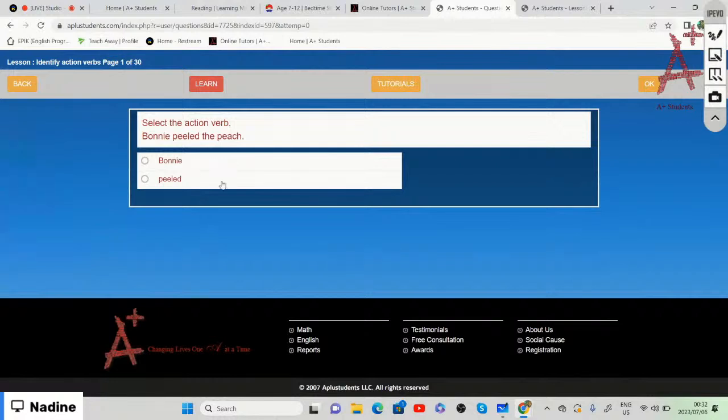What did Bonnie do? That is the question we need to ask ourselves. Peeled or Bonnie? All right, so Bonnie peeled the peach, which means that the verb is peeled.